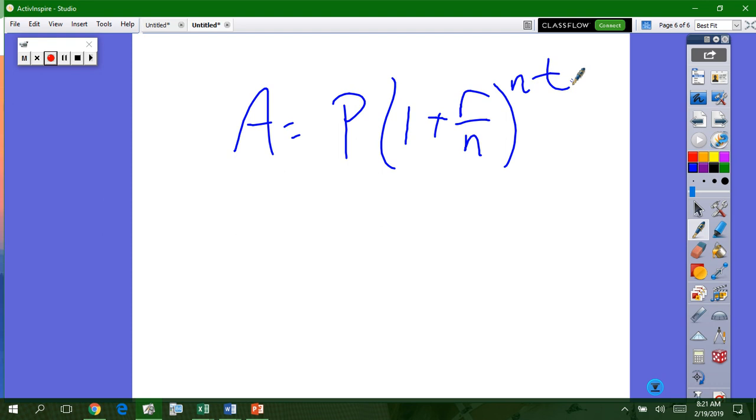For n, what would you put there, you think? 365, right? What if it was monthly? What would I be putting in for n? 12. What if it was bi-monthly? Twice a month, 24. Weekly, 52. If you're not sure of what they are, kind of ask so I can help you out.